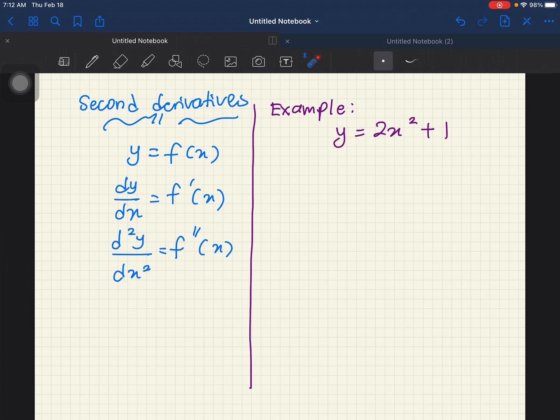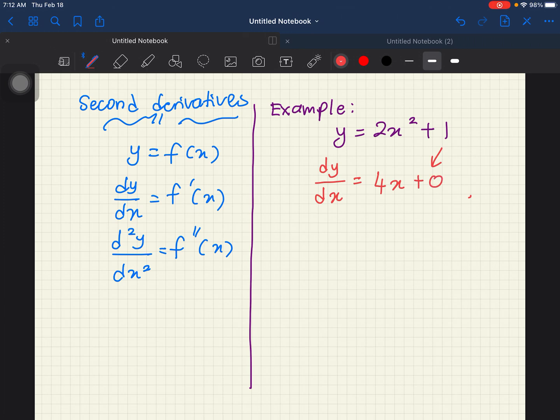For an example, this is very easy, so I'm going to go quick. If you are given an equation like this, y equals 2x squared plus 1, the first thing before you do the second derivative is you do the first derivative, dy over dx. You'll get 4x, because 1 will be 0.